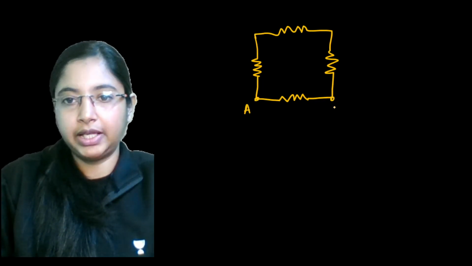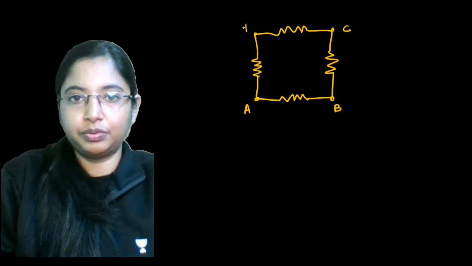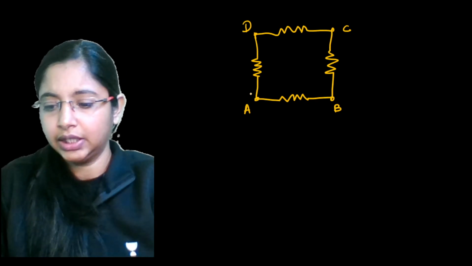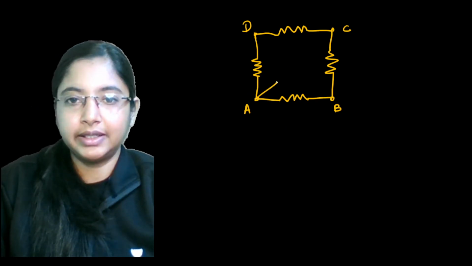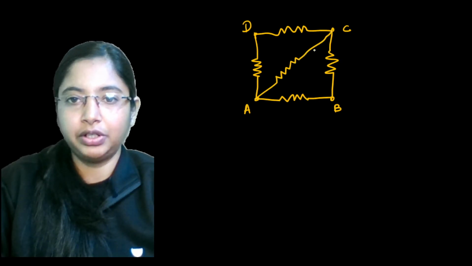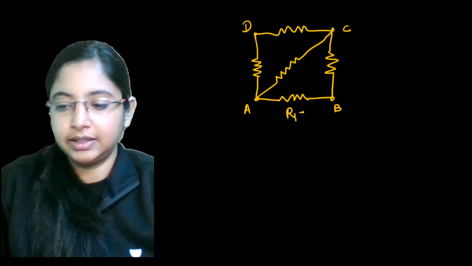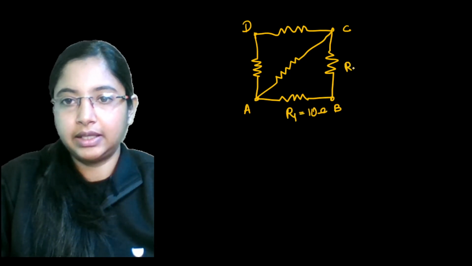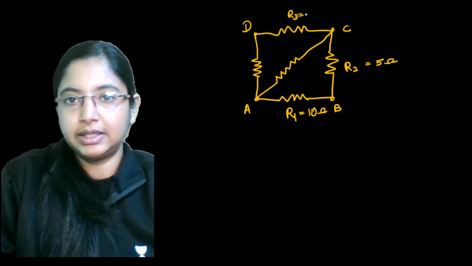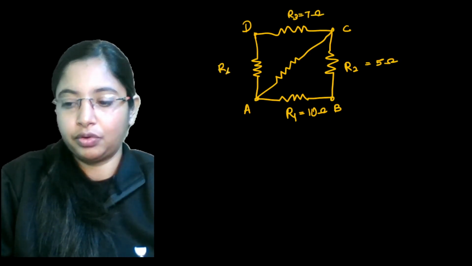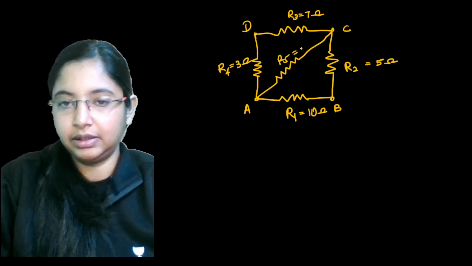Let's take this to be side AB, this C, and let's take this to be D. Let's say there is also a series connection in this direction over here. Let's take R1 to be 10 ohms, R2 to be another 5 ohms, R3 to be 7 ohms, R4 to be another 3 ohms, and R5, the in-between diagonal resistor, to be 10 ohms again.